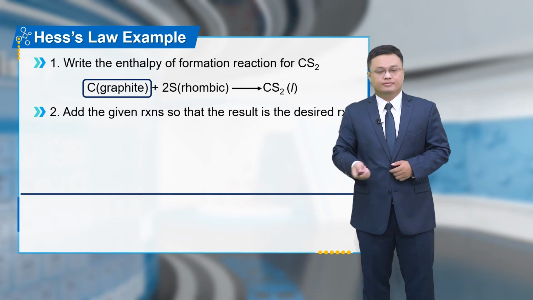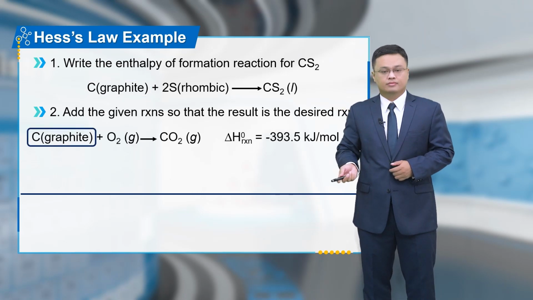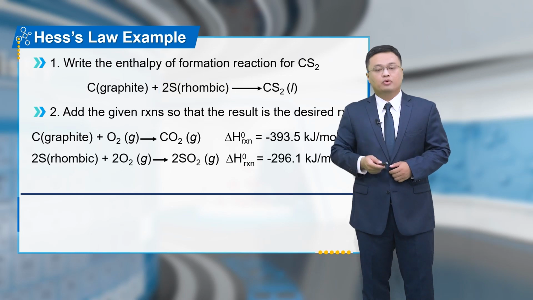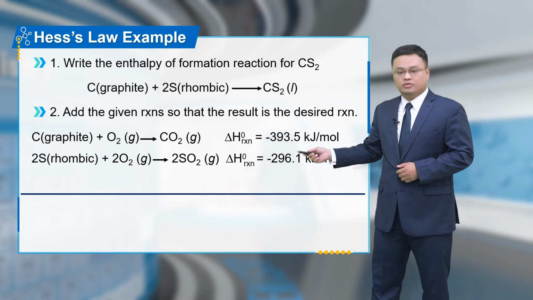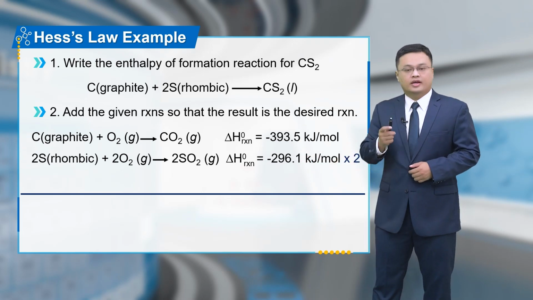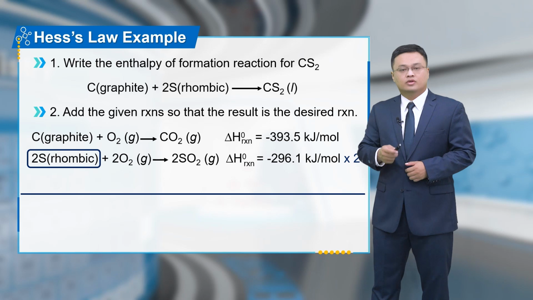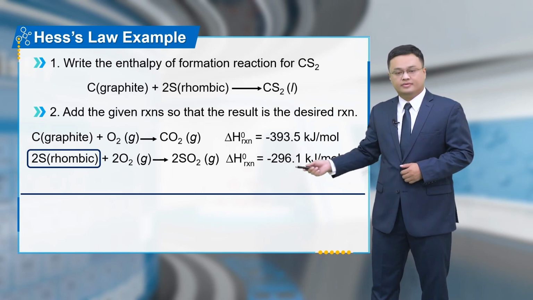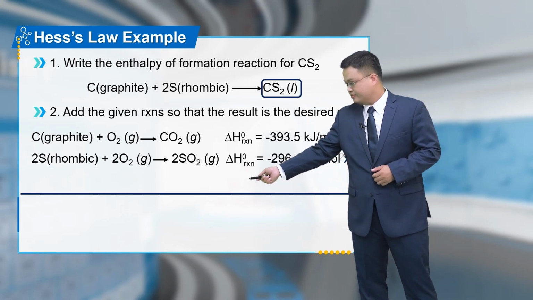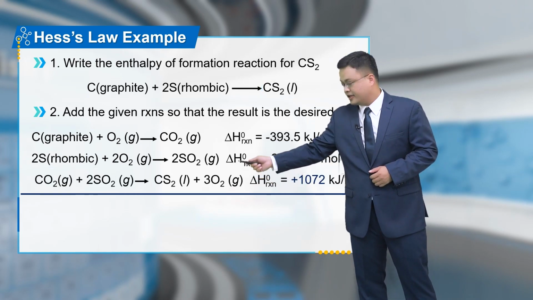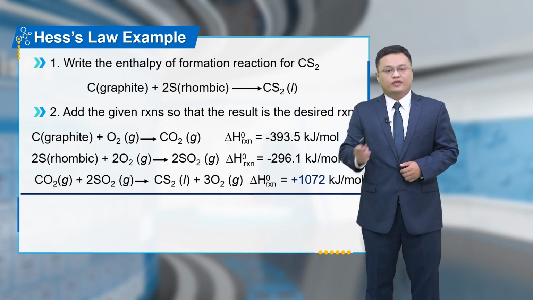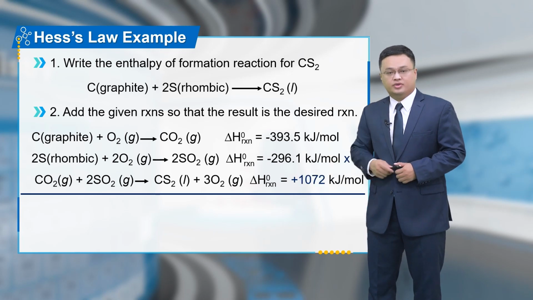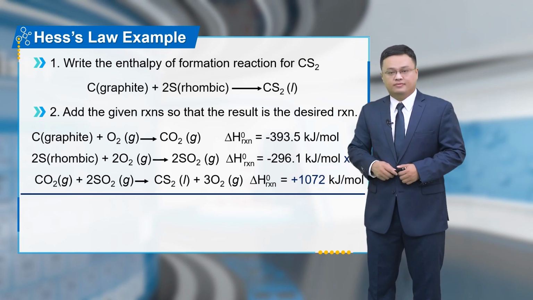One carbon, two sulfurs: double reaction 2, and reverse reaction 3 to get the carbon disulfide. Don't forget to reverse the sign of delta H in equation 3 from negative to positive.